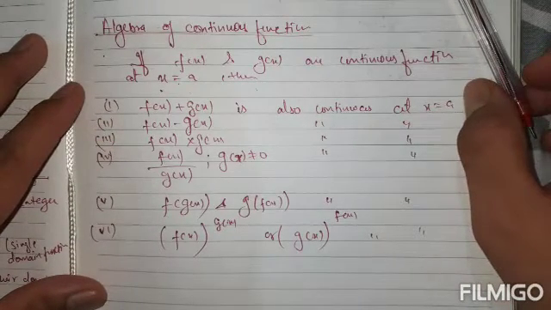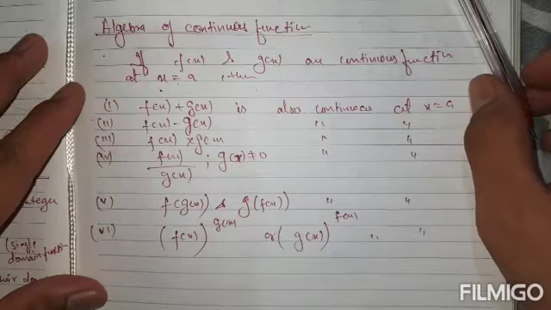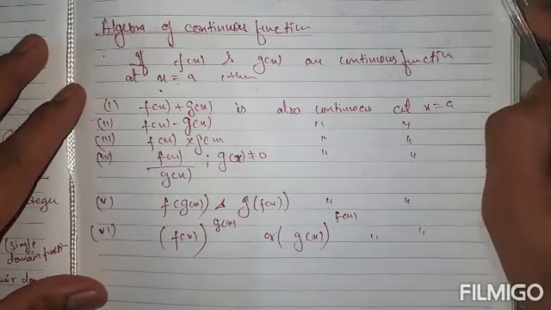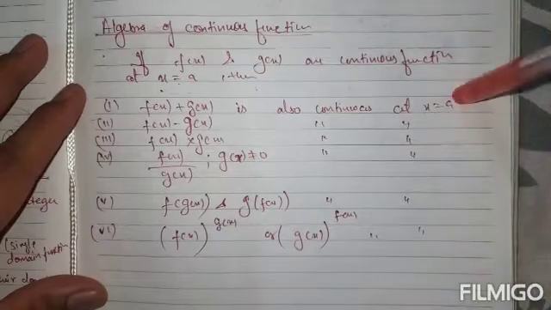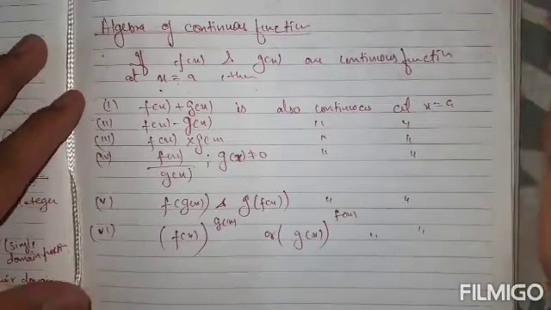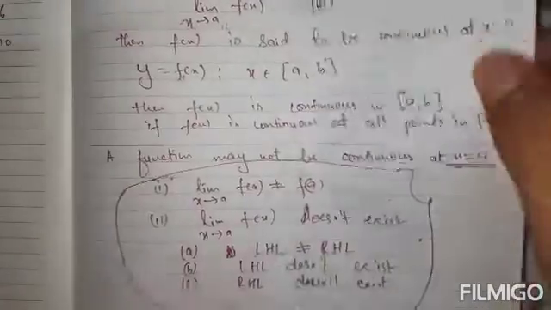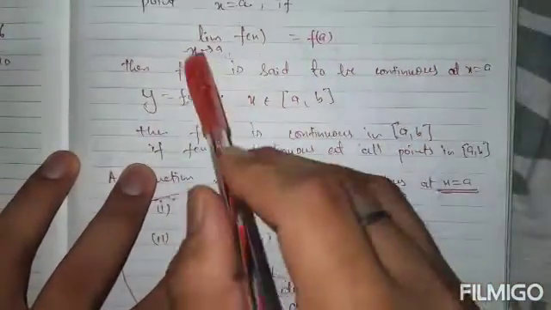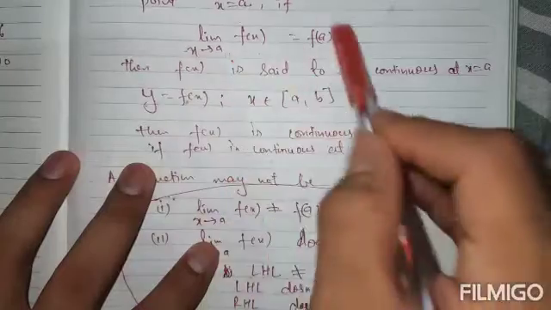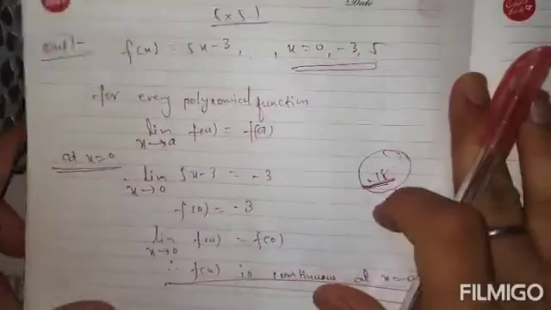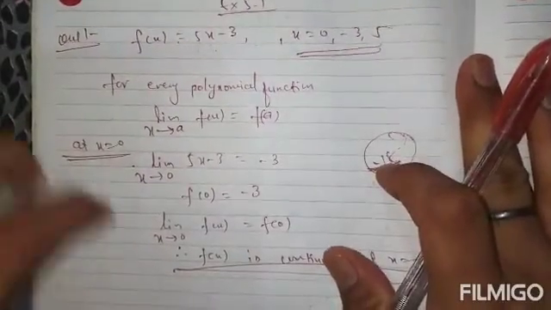So it is not always easy to draw the graph of the functions. So we have to follow every time the algebraic method of checking the continuity of the function. That is this definition: limit of f(x) as x tends to a is equal to f(a).